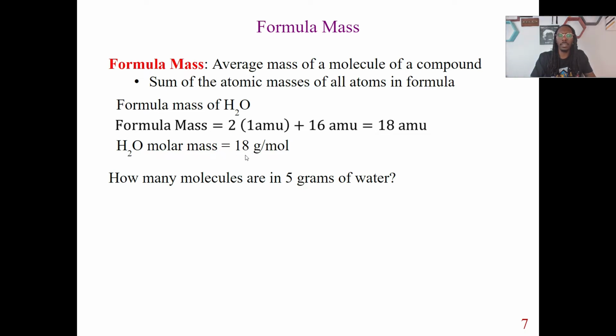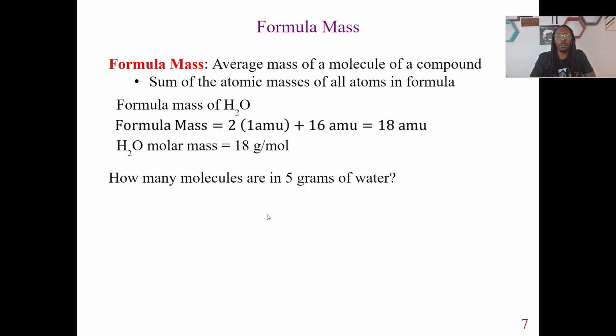And we know it's 18 grams because we just did the formula mass. So this is how we're going to be using molar mass going forward. We need to understand this conversion factor. This is just another conversion factor. 1 mole equals a certain amount of mass. In this case, 1 mole of water equals 18 grams.